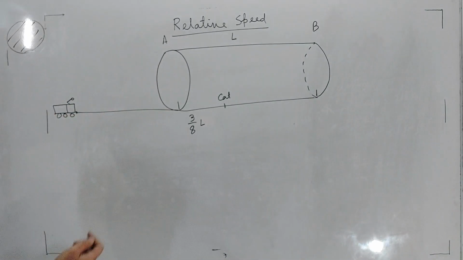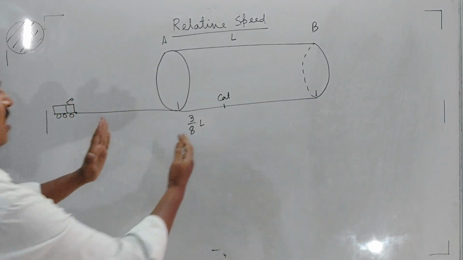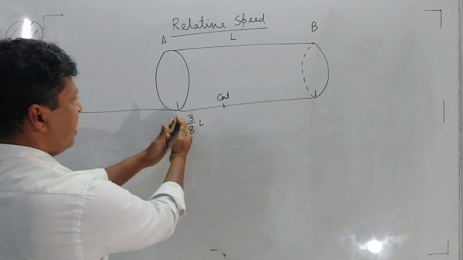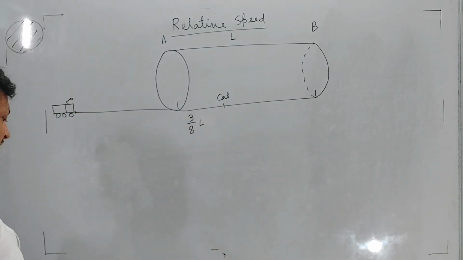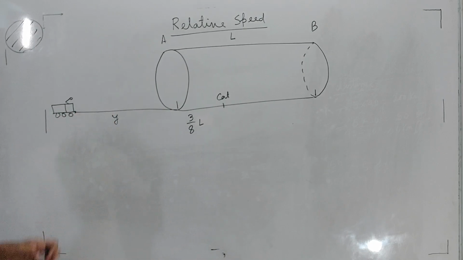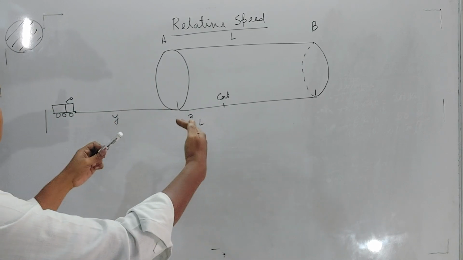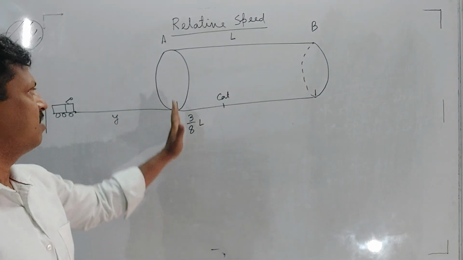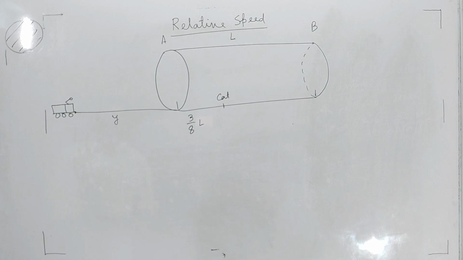So now let us understand this way. Can you say that time taken by the cat to travel this 3 by 8 L should be equal to time taken by the train to travel this distance? So let's take this distance as y, because they are meeting. Fine. If they are meeting, so time of travel should be same till the meeting point, right?